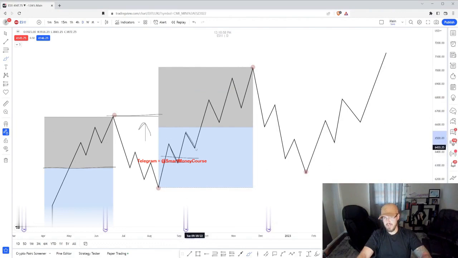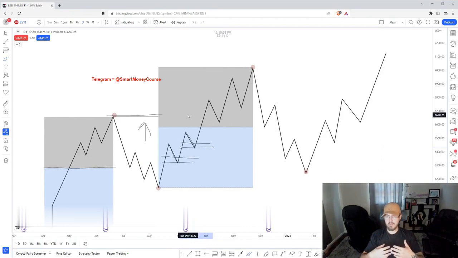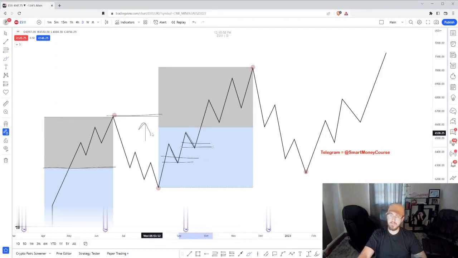So all these pushes down may have been bearish swings on another time frame, but just because we understand the principle of external structure on a higher time frame level, we're able to understand that the market is likely to continue the upside. So all those down moves should be looked at as a buying opportunity to take up here.